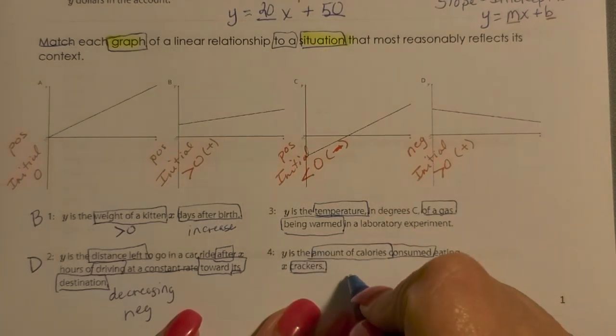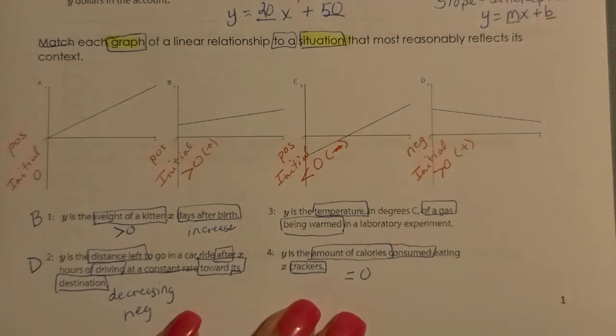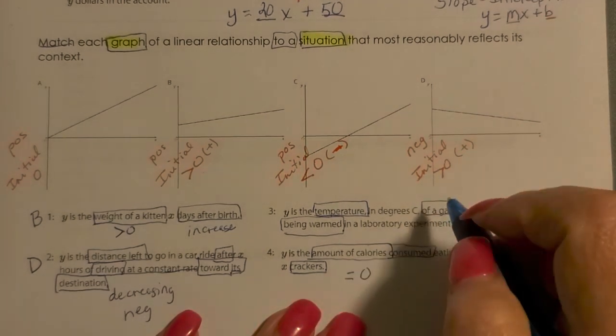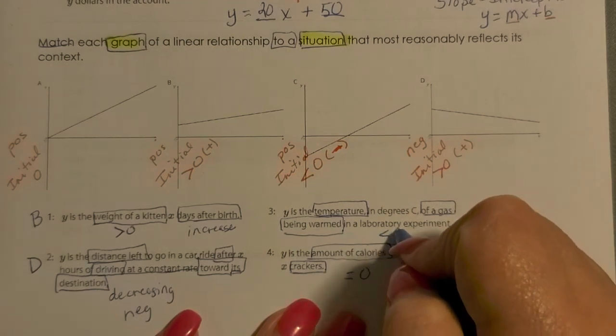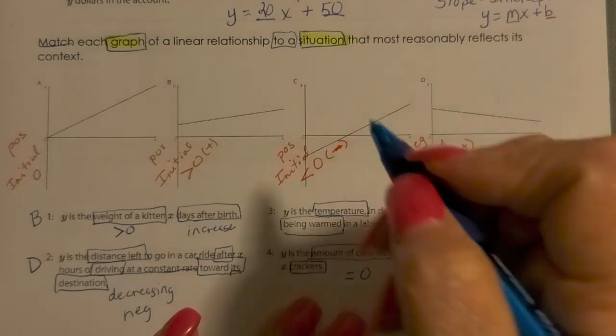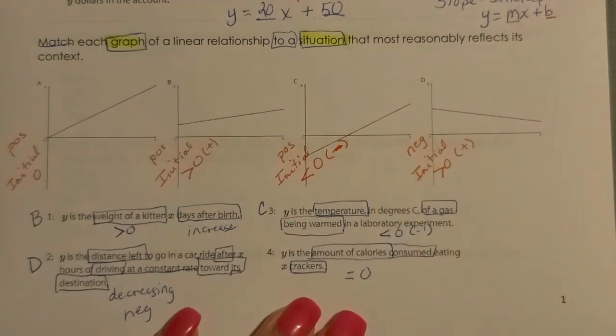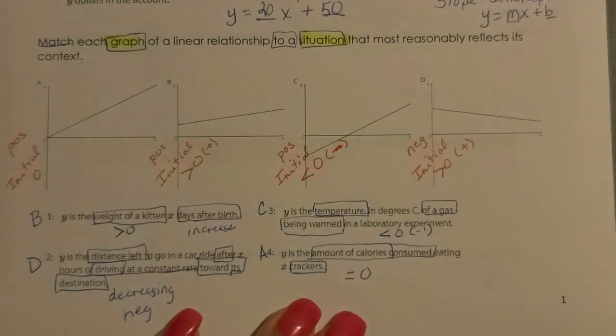So this one would have to be equal to 0 at the initial amount. And the gas temperature would have to be the one that was less than 0, or the negative amount. So graph C would match situation 3. Graph A would match situation 4.